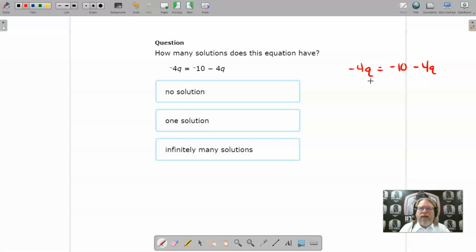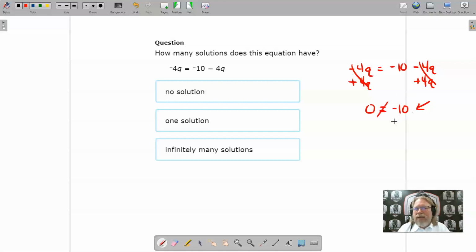Let's head down that road and try to solve it. Let's add 4q to each side. So I do plus 4q on each side. These cancel, those cancel each other. So I end up with 0 over here and negative 10 over there. It's like the variables just disappeared. I end up with a false statement. These two are not equal to one another.